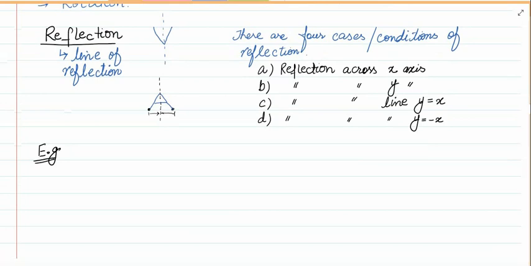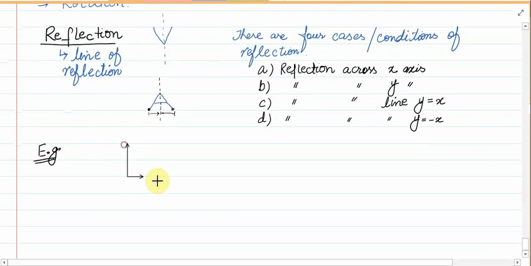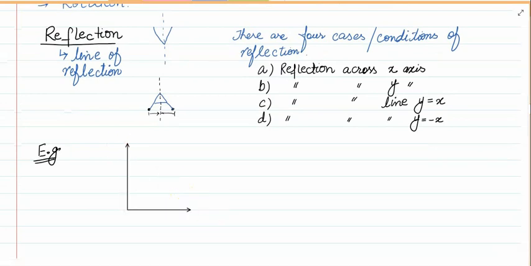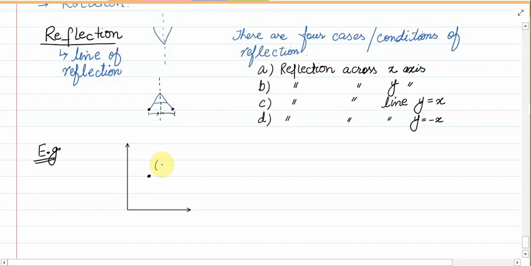Now let's suppose on a piece of graph paper I have a point, let's say coordinates are 1 and 2. Here is 1 and this one is 2. This is my x-axis and this is my y-axis.